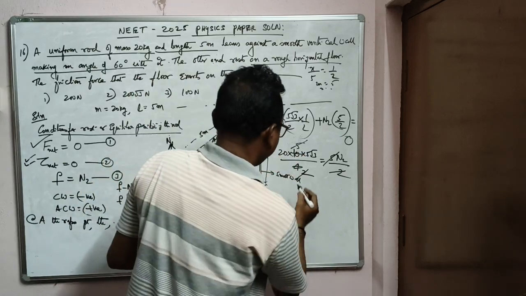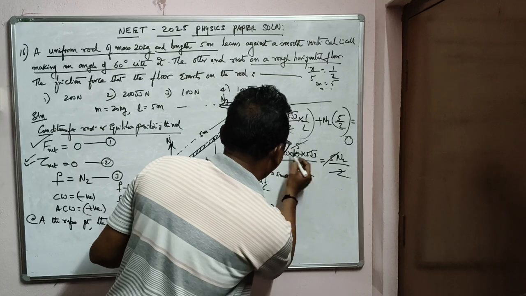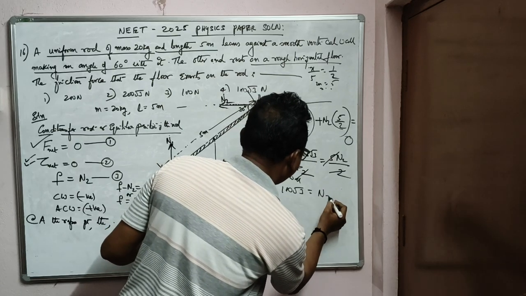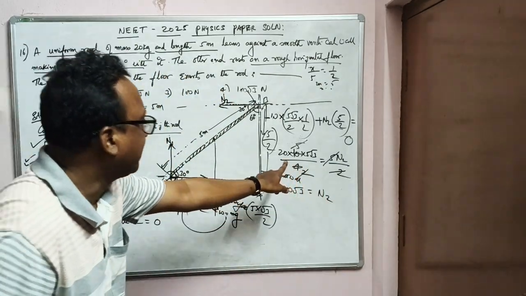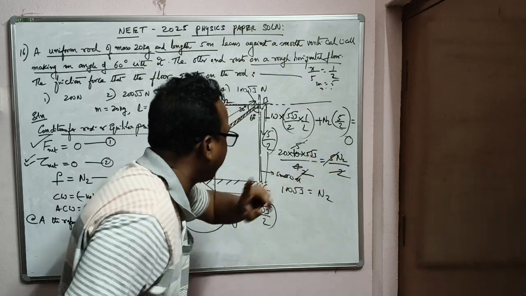Now what is left over here? 5 twos are 10 root 3 is equal to N2. Please watch carefully: 10 root 3 is equal to N2.